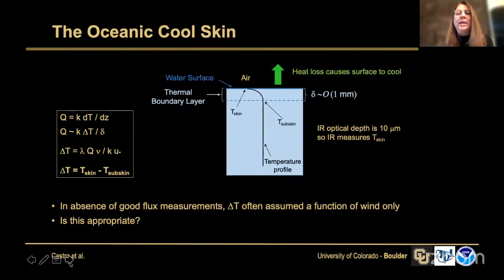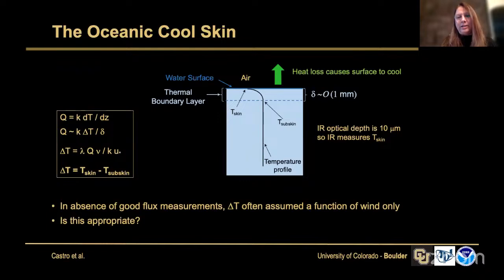Okay, now. So thanks to Andy, I don't have to spend a lot of time on this plot. So you now understand what the cool skin is, what delta T is. Just a little reminder: every time we have a net heat flux from the ocean to the atmosphere, we get a cooling at the surface of the ocean across a very thin layer where the molecular processes dominate.